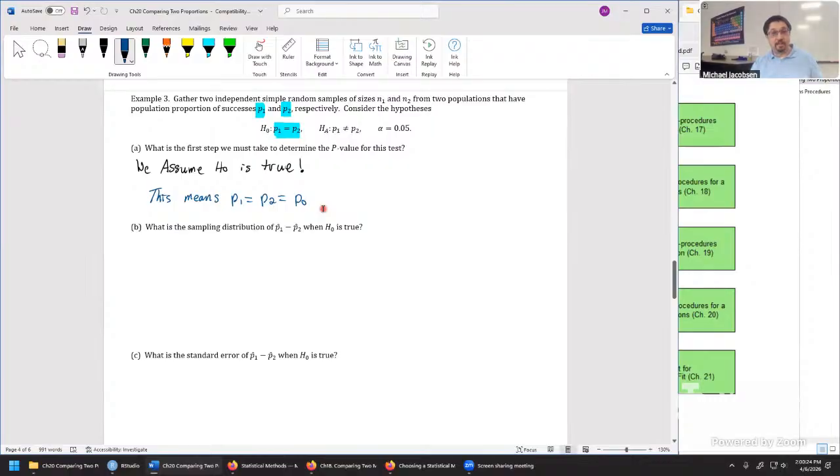So if that's true, the sampling distribution of p hat 1 minus p hat 2 changes by a lot. So let's write this out. First, let's just cite it here just for easy reference.